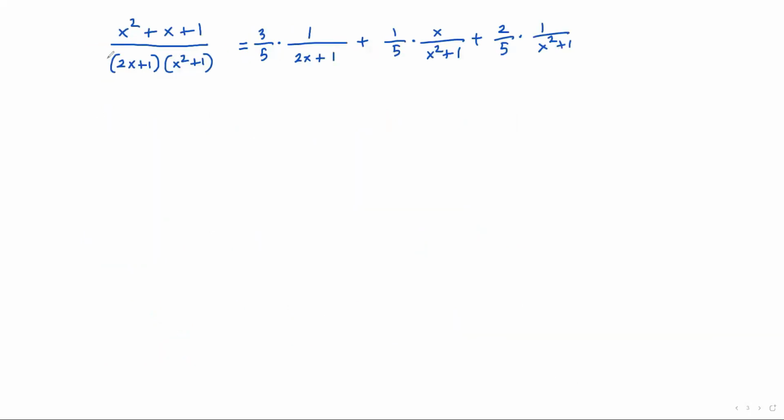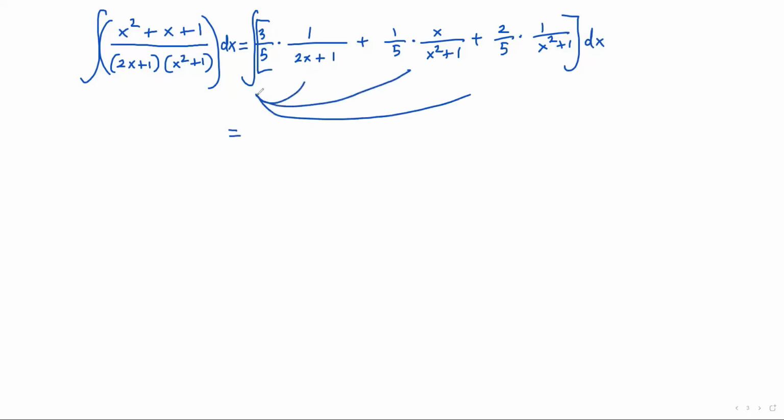Okay, here we can integrate both sides with respect to x. So the integral of this part is dx. Now on the right side, I can distribute the integration to each of these three parts.